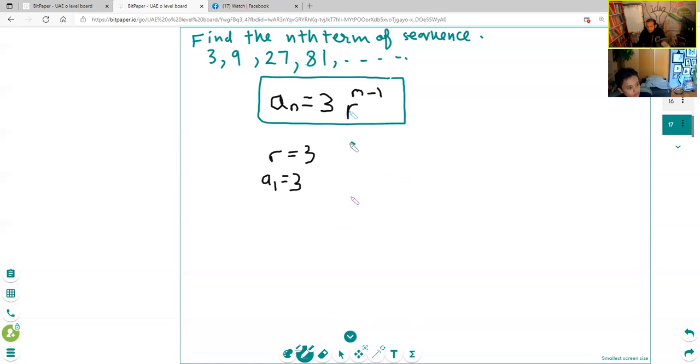You should write here, right here, because it is the formula. First you write the formula and then you put the values. Instead of A1, you should replace 3.